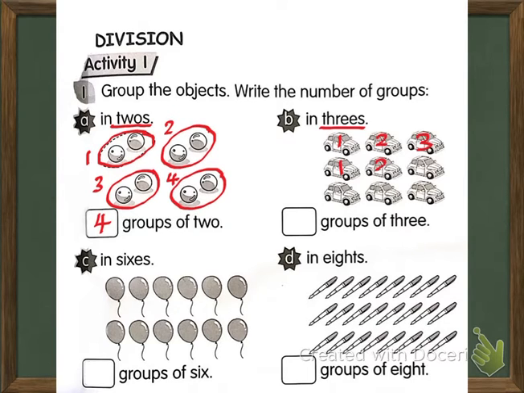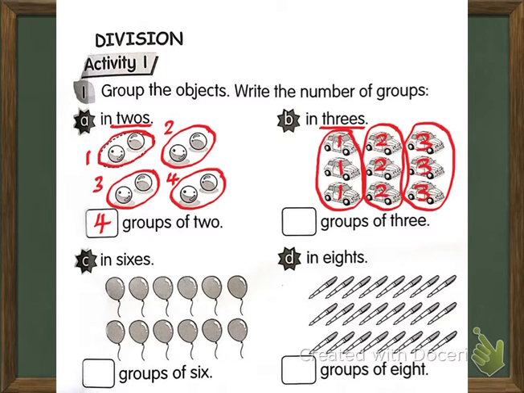Again, you have to repeat because it is only 3. Here 1, 2, 3, and then you group it. This is the first group, second group, third group. So how many groups are there all together? 1, 2, 3. 3 groups of 3.